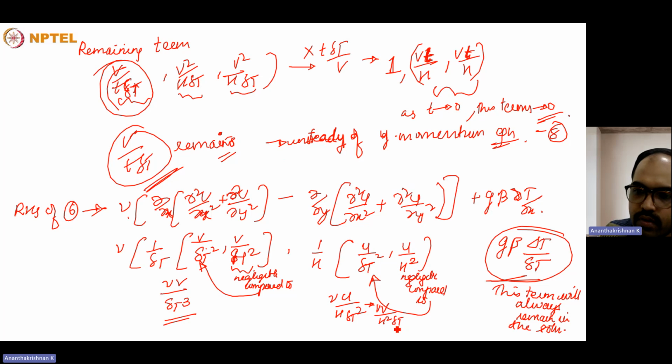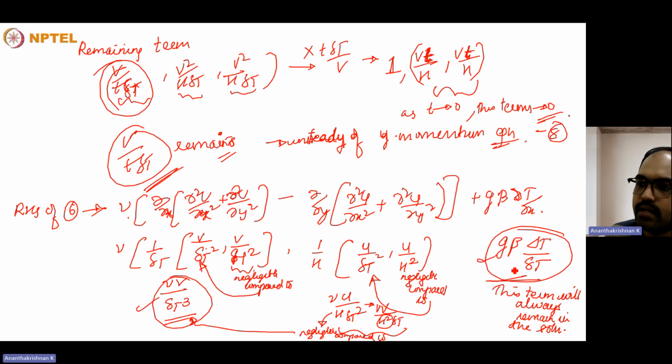So we could see that the numerators are the same and the denominators are h squared, which is quite big compared to delta t squared. So this is negligible compared to this. So this term remains and this term remains from the pure scaling analysis.